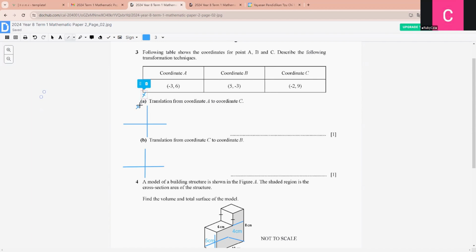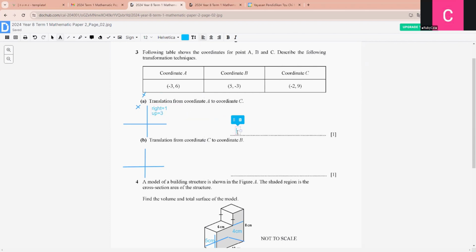So on the transition from the graph, you can see that from point A, it moves right by 1, and it moves up by 3.